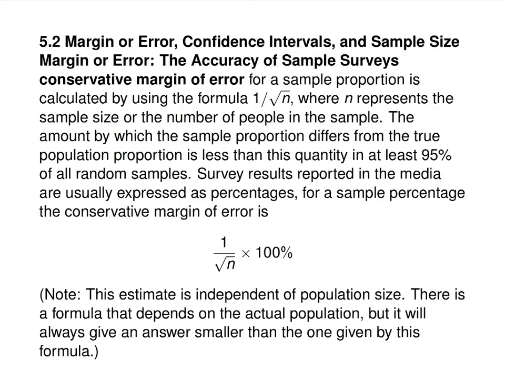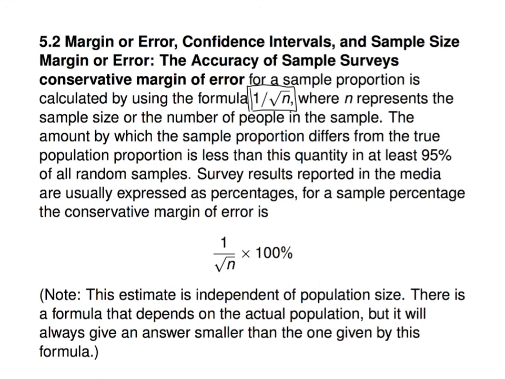Now, something you see a lot of in media are margins of error and these things called confidence intervals. So this little formula that we're going to use tells us the accuracy of a sample survey. This is called the conservative margin of error for a sample proportion, and it is calculated by using the formula 1 divided by the square root of n, where n represents the sample size, or the number of people in your sample.